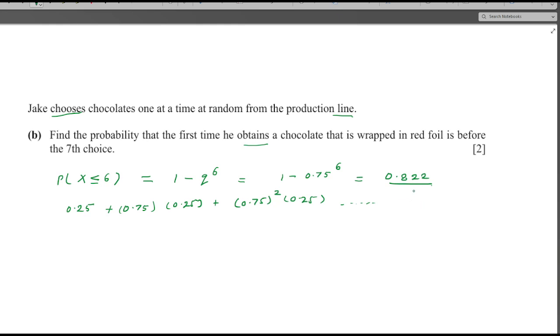On the sixth, if I get it wrapped in red foil, it is 0.75 power 5 into 0.25. So either I do this addition or I use this formula, both will give me the same result. So here our result is 0.822.